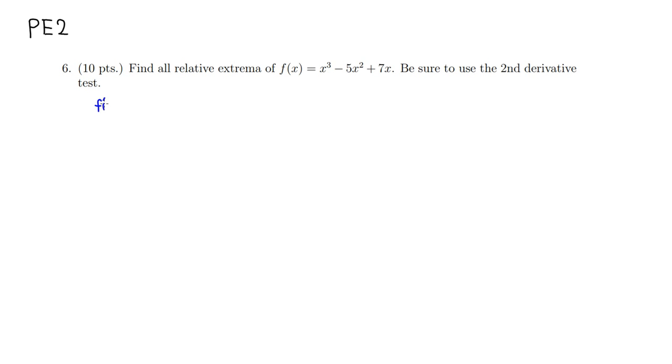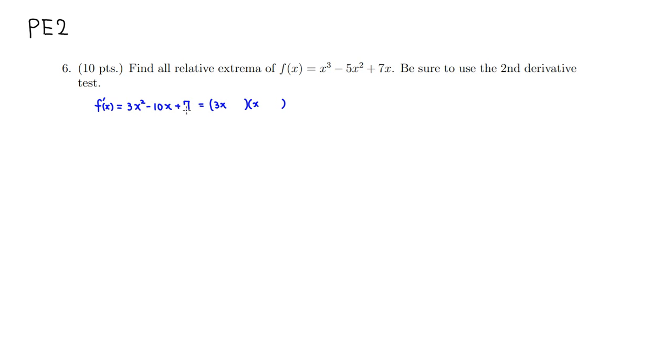So f prime of x is equal to the derivative of x cubed, which is 3x squared, and the derivative of negative 5x squared, which is negative 10x, and the derivative of 7x is 7. Now I'm going to factor this. We need to create 3x squared, so I'll put the 3x here and the x there.